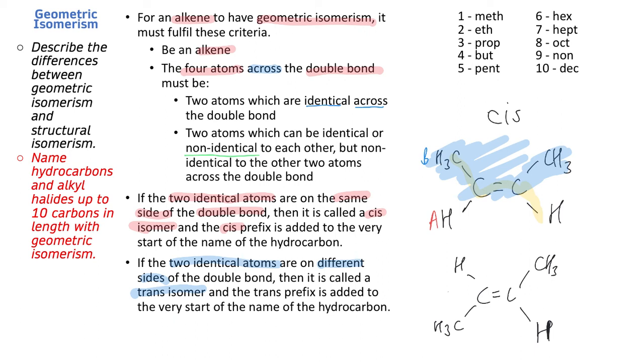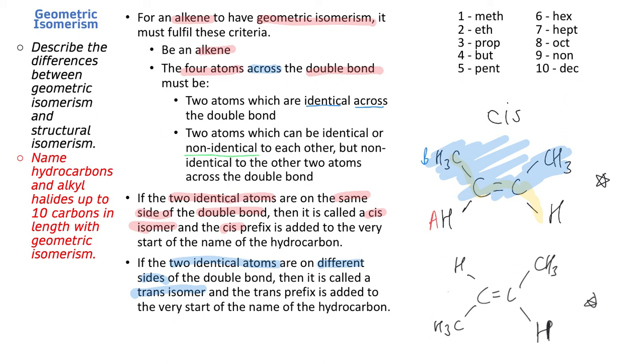And so the idea is that the cis one here would have a higher melting and boiling point because it has dipole-dipole and dispersion forces, whereas this one over here only has dispersion forces, and the dispersion forces are going to be equally sized for both substances considering they are the same size.